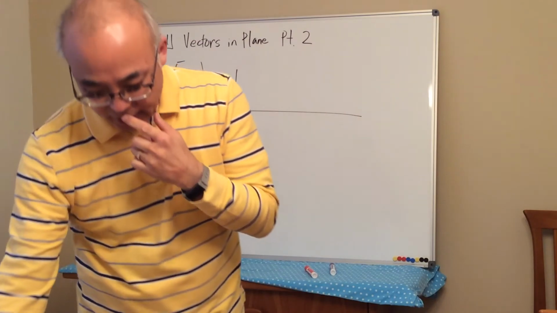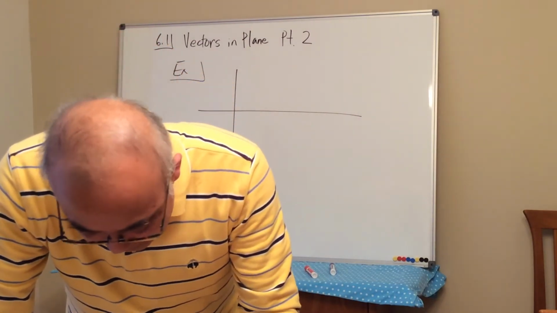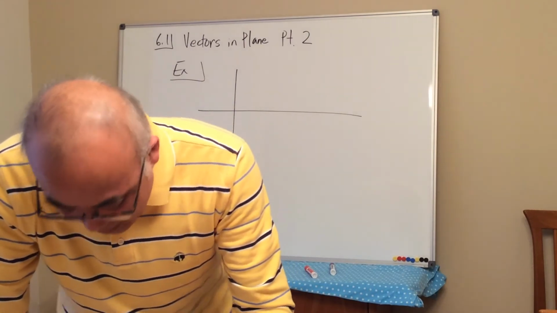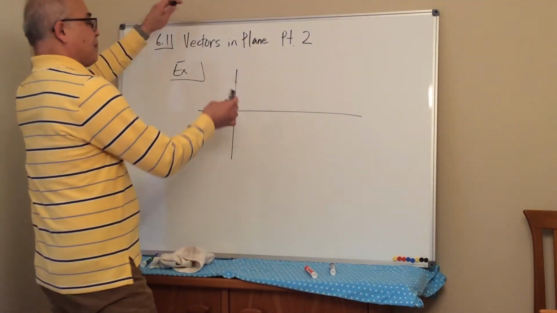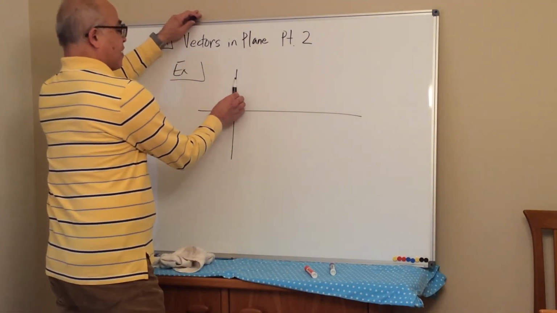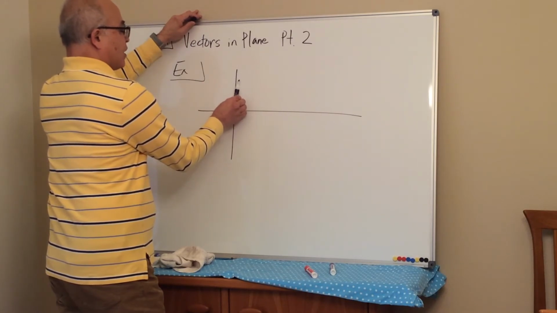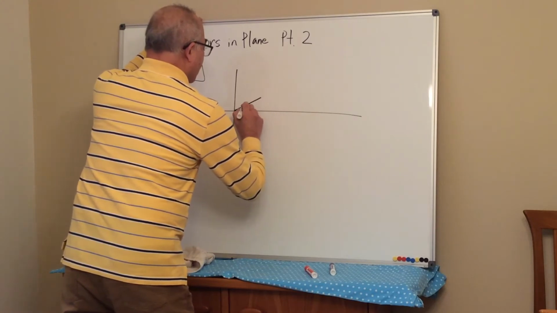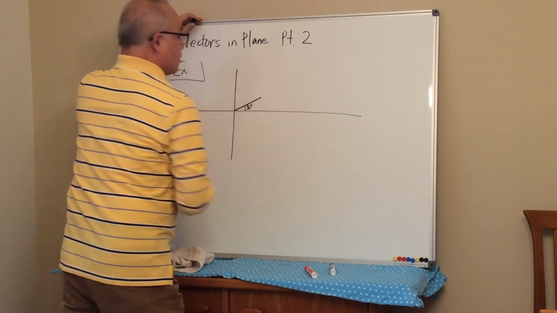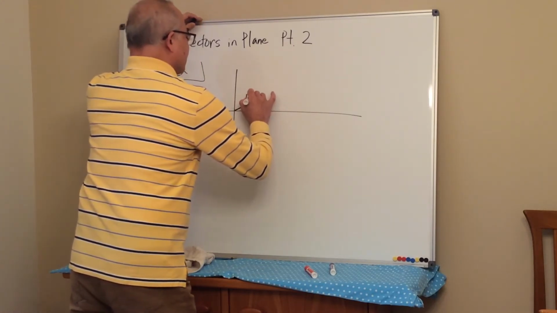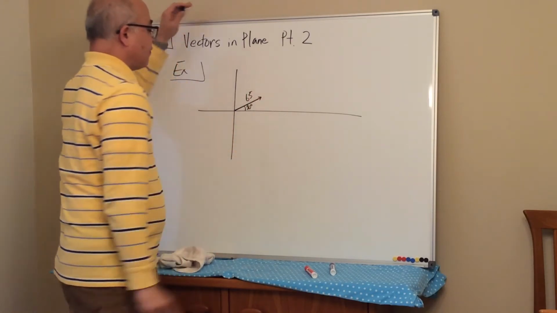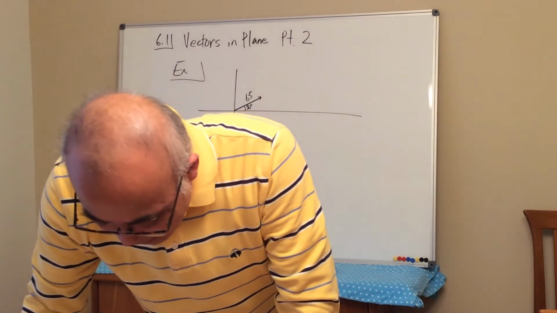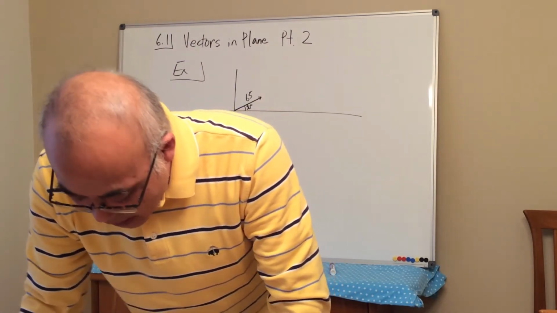It has a wind that is 65 miles per hour with a bearing of 60 degrees. Again, we go from here 60 degrees, so I'm going to get 30 degrees here, and the magnitude is 65. Now the jet itself is going at 450 miles per hour.